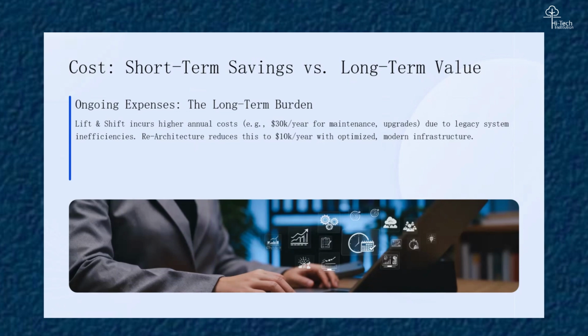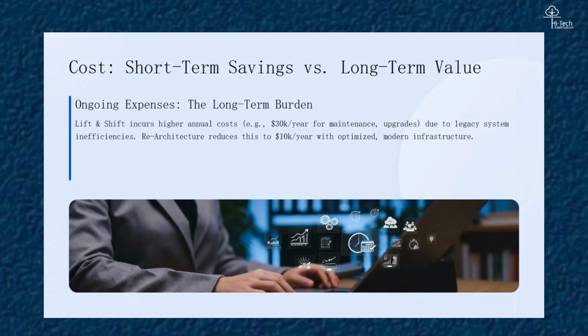See, lift and shift incurs a high annual cost, around 30K per year for maintenance and upgrades due to legacy system inefficiencies. But re-architecture reduces it to 10K per year because of optimized modern infrastructure.